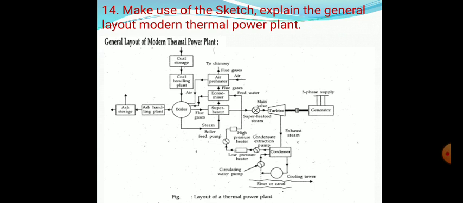It consists of ash storage, ash handling, ash lining plant, boiler, coal handling plant, coal storage, steam boiler feed pump, superheater, flue gases, economizer, air preheater to the chimney, flue gases, air, feed water, flue gases, main valve, turbine, generator, three-phase supply, superheated steam, exhaust steam, condensate, extraction pump, condenser, low pressure heater, high pressure heater, circulating water pump, cooling tower, river or canal.